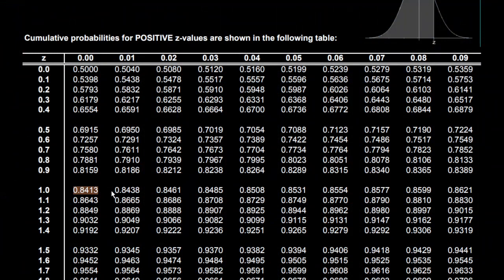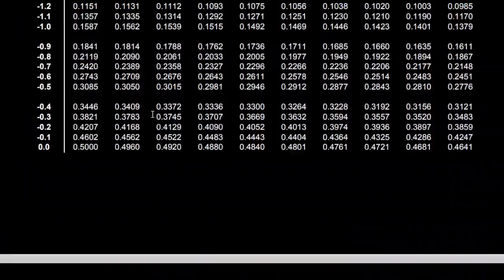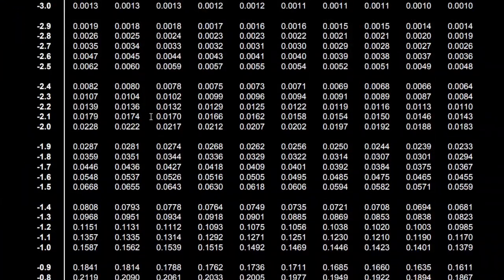And if I scroll back up, the negative z-scores on the table, negative 1.00 corresponds to an area of 0.1587.